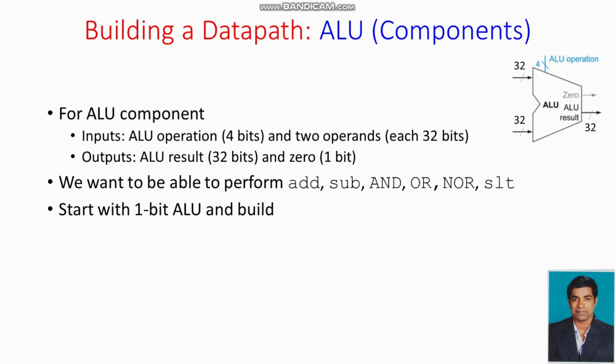Building the data path, ALU components, we have to see one by one. The ALU component inputs are the ALU operation, 4 bits, and 2 operands, 32 bits each. The output, the ALU result, is 32 bits, that means 4 bytes, and the zero output is 1 bit. That is, whenever we are doing some comparison and both the values are equal, then the zero bit will be altered from 0 to 1.